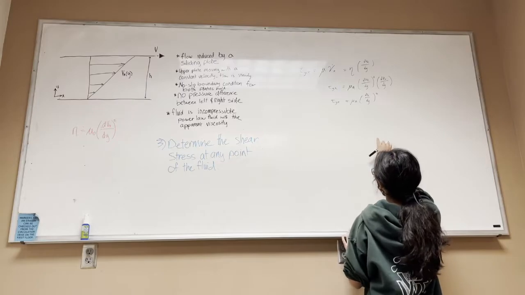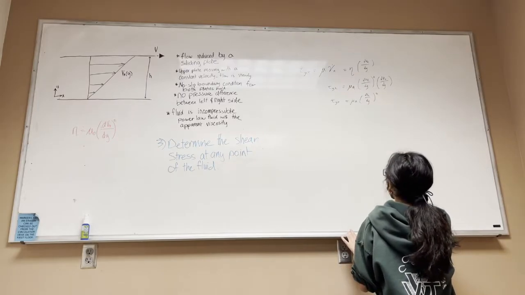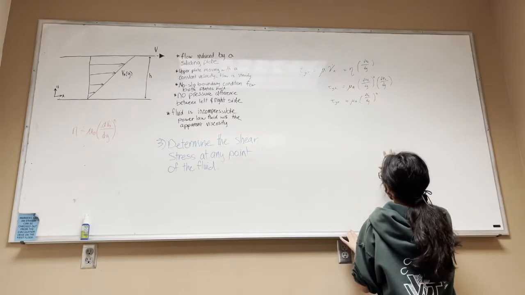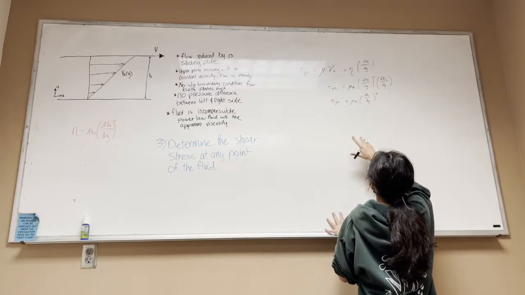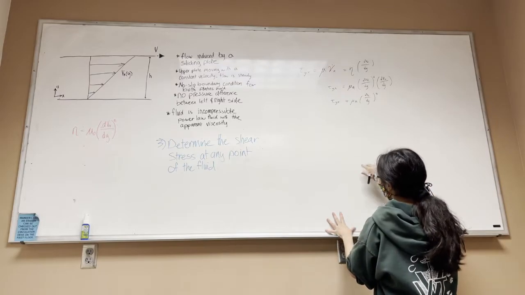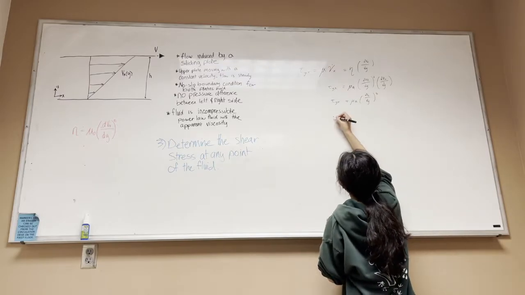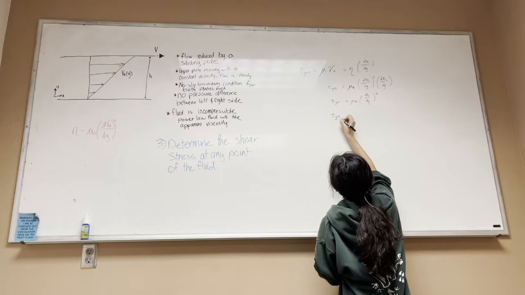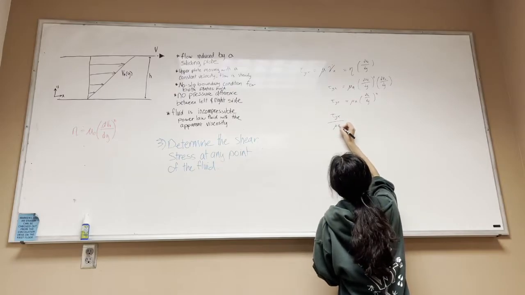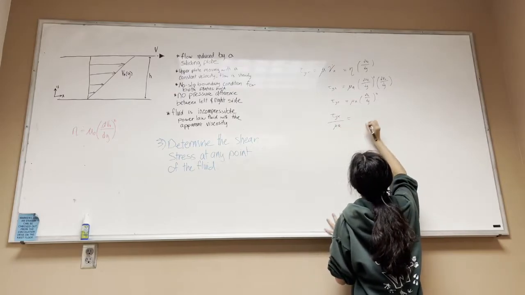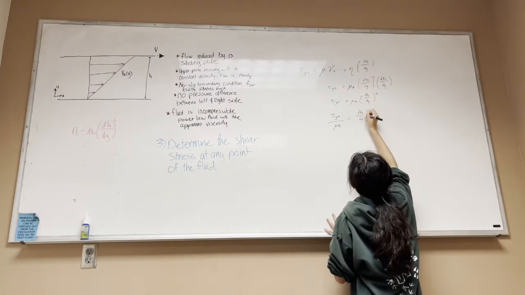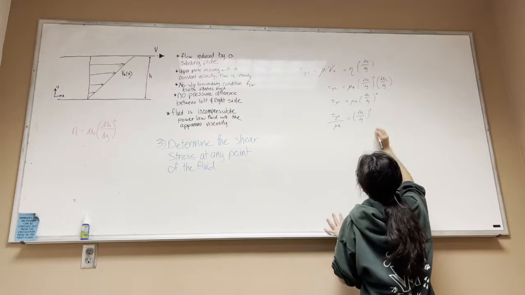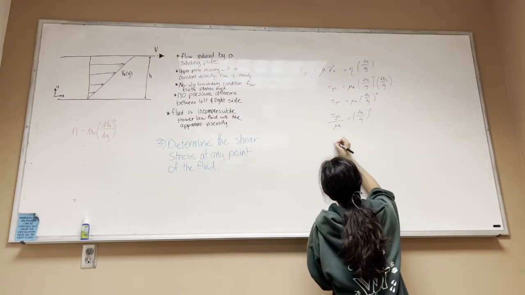So you want this in terms of Vx, or you just want to get rid of the differential. So you can divide by mu naught to move that over. Then you can take the cube root on both sides.